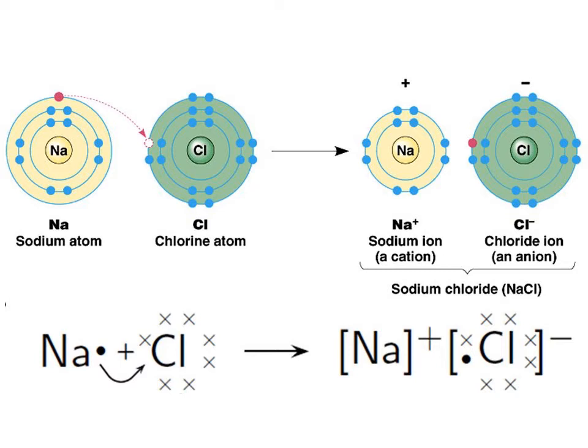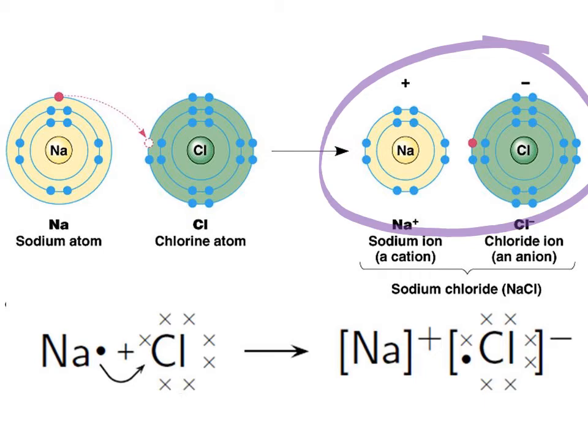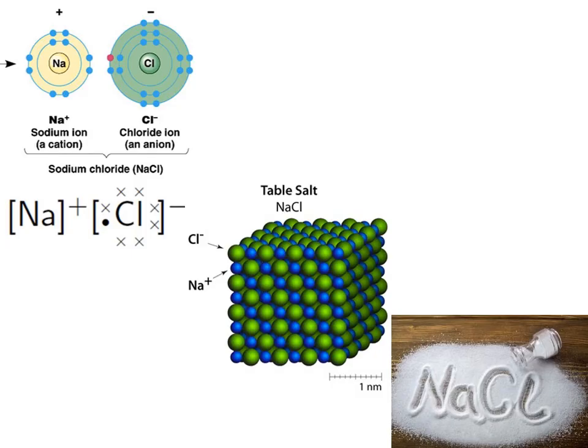The chlorine atom is reduced, becoming a chlorine ion, or Cl-. So we now have a positively charged sodium ion and a negative chlorine ion. These opposite charges are attracted to one another and form an ionic bond.